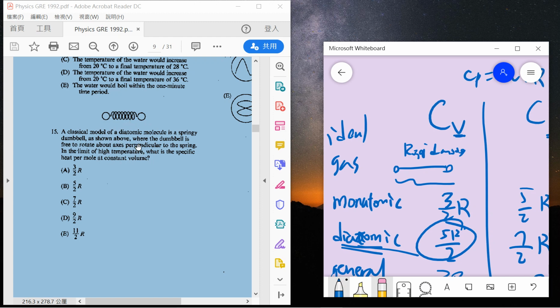You can see in the question that the double bond is free to rotate and perpendicular to the surface. So basically you have 5 degrees of freedom.